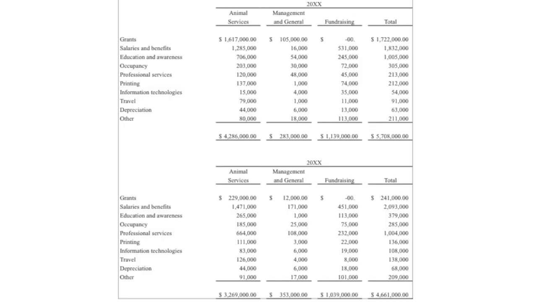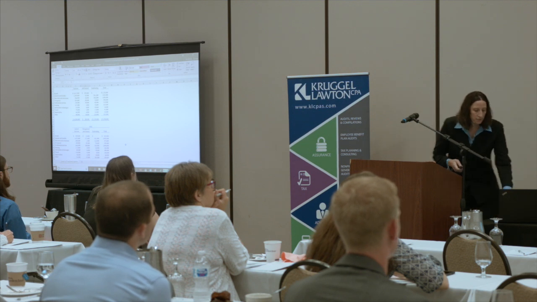If you choose to go with the statement of functional expense, this is what it would look like. And you can actually do this one of two ways. This is presented with the natural expenses down the left side and then the functions across the top. But you could actually choose to do that in the reverse if it made more sense.